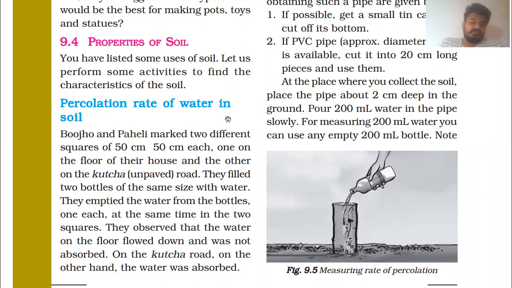They fill two bottles of the same size with water. They emptied the water from the bottles, one each, at the same time, in the two squares. Observe here that they are taking the same time. They observed that the water on the floor, simply inside the home, flowed down and was not absorbed.